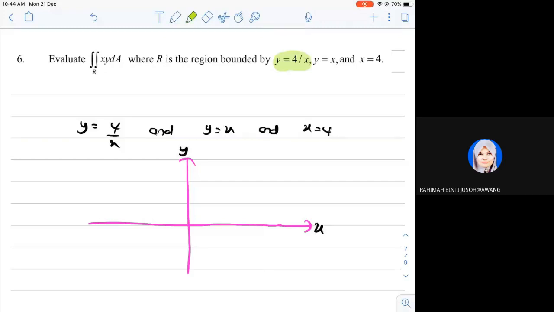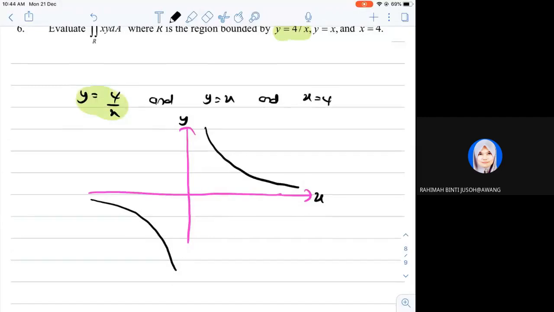First, y equals 4 over x, so your graph will be like this. Positive gradient. And then y equals x, of course just a straight line. And then x equals 4.